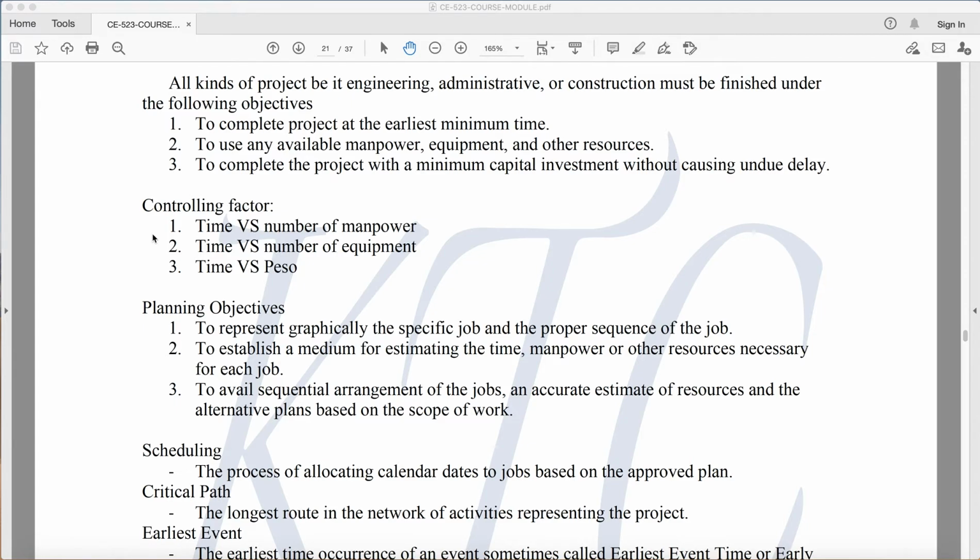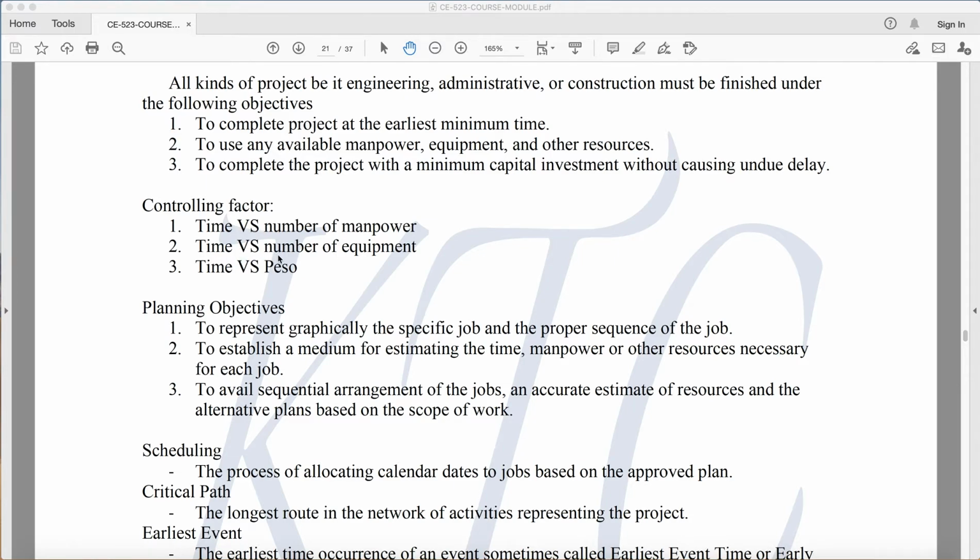But we are not discriminating here. Okay, what we are trying to show you is that time is a factor here, and time is proportional to the experience or the skill of your worker.